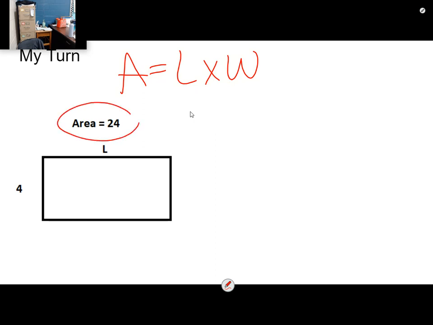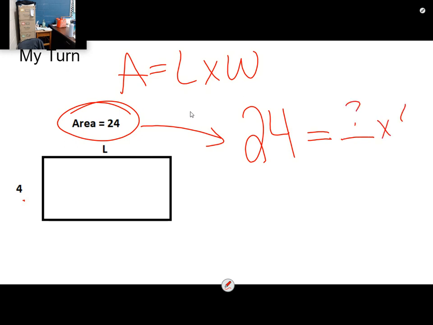So if I'm given the area of 24, and I'm given the width of 4, excuse me, I'm given the area of 24, and that's going to be equal to the length, which I don't know, times 4. All it is is filling in the missing factor. Okay? So a lot less steps. That's really it. Figuring out what times 4 equals 24.